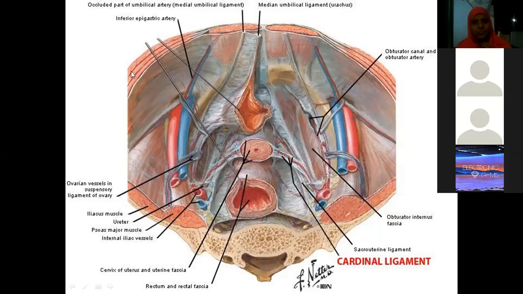External oblique, internal oblique, and transversus abdominis. What layers do we have? Superficial fascia, fascia transversalis. Very good. Below which you will find the parietal and visceral layers of peritoneum. I'm just trying to give you the layout of this structure.